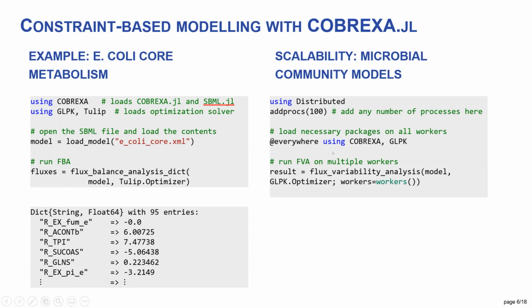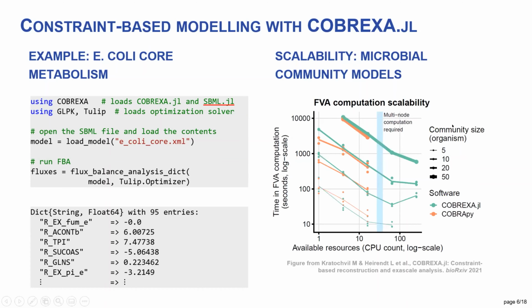And my colleague Mirek, who developed this COBREXA package, tested how well COBREXA actually scales to multiple processes. To this end, he used metabolic models of not just one organism, but of communities of up to 50 organisms. And he compared COBREXA with COBRA.